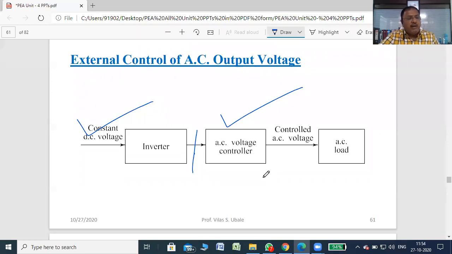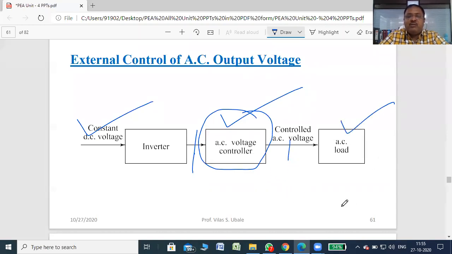Simply by connecting a triac, you can control the firing angle of the triac and the average AC output voltage, which we have already seen in the first lecture. This AC controller is nothing but triac circuitry. The output of this circuit is a variable AC, so you can have variable frequency as well as variable voltage from this control scheme.